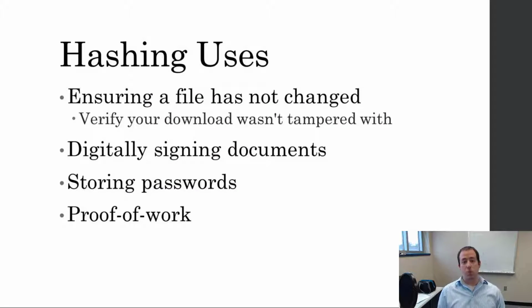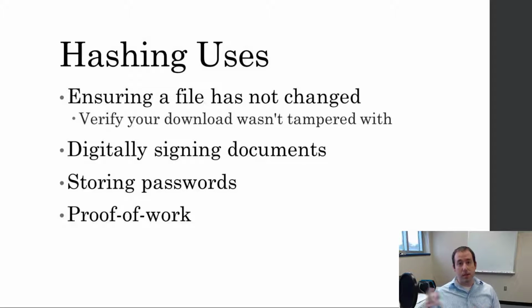So what are they used for? For one, they're used to ensure that a file has not changed or that your download wasn't tampered with. You might see, if you're downloading a Linux distribution or open source software, you might see somewhere on that page a link to hashes. And what you can do is when you complete the download, you run a hash on the download that you've completed and verify that the resulting value matches what you got from the website.